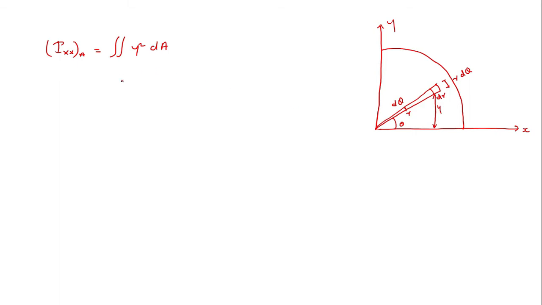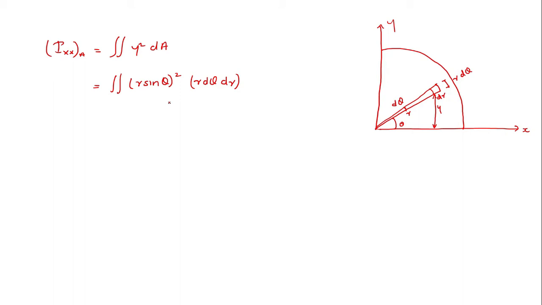So the area moment of inertia is the integral of y square dA. You see this corresponding length is y, which I can represent in terms of r, so this will be r sine theta the whole square into dA. Now dA will be r d theta, that is this corresponding length, which I take almost as a rectangle, so r d theta into dr. This is the corresponding dA part.